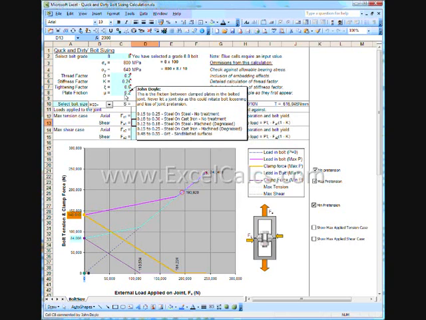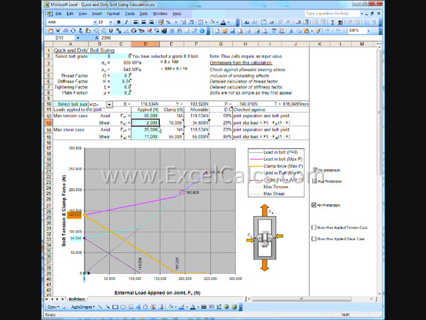Now, because we've got a coefficient of friction of 0.2, to carry 2000 newtons I need a clamp load of 10,000 newtons. So that's the required clamp force that I need to carry my 2000 newton shear force.